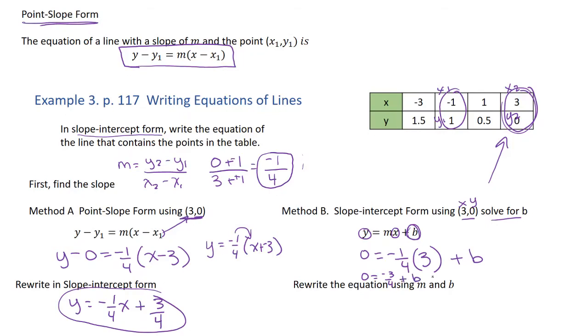So if we add 3/4 to both sides, negative 3/4 and positive 3/4 is 0. So we can see that 3/4 equals b.